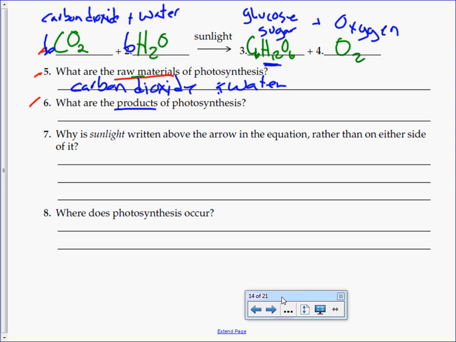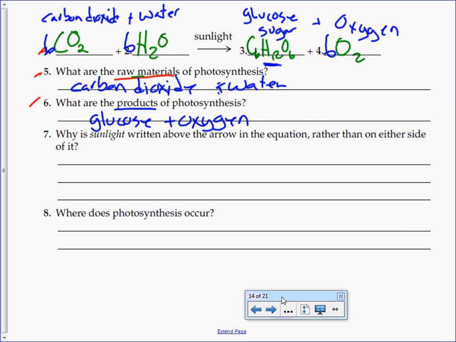So 6 carbons, and then that makes 12 oxygens, 12 hydrogens, and more oxygens. So we got 6 oxygens here, and then we have to add more here. And then it all balances out perfectly. We don't have any magically appearing molecules. Okay, so then the products were glucose and oxygen.